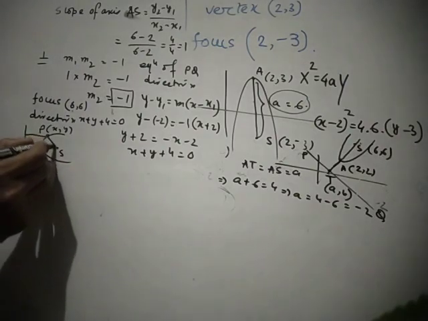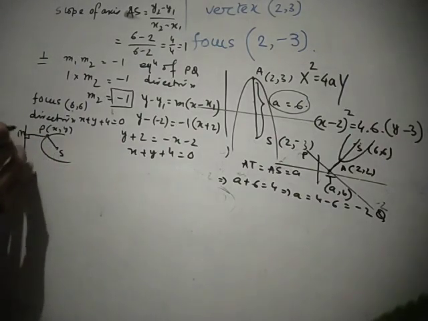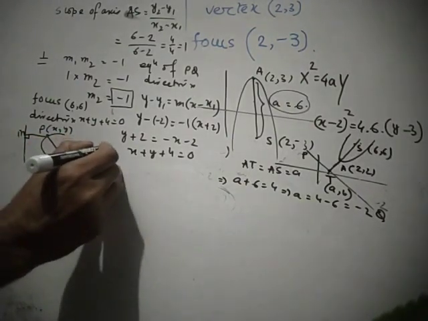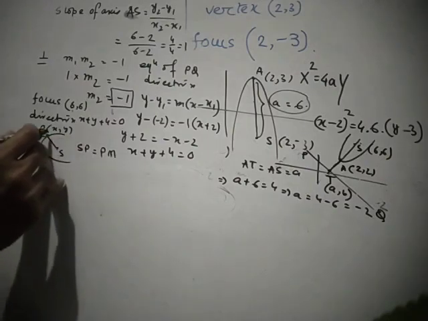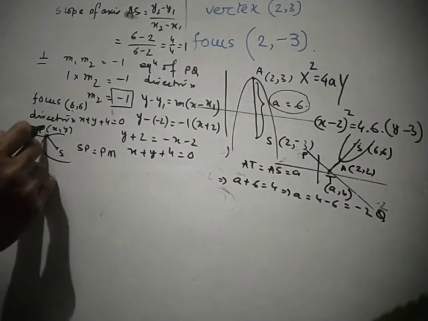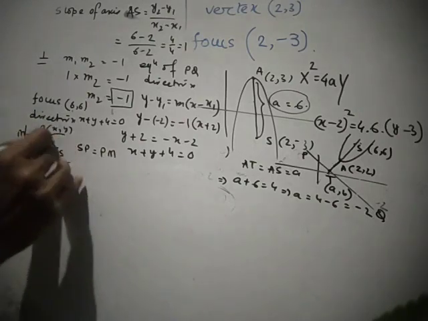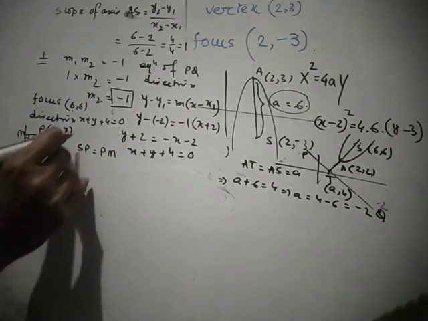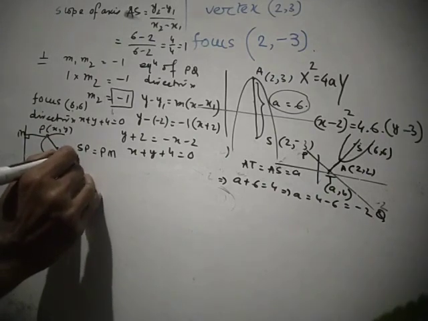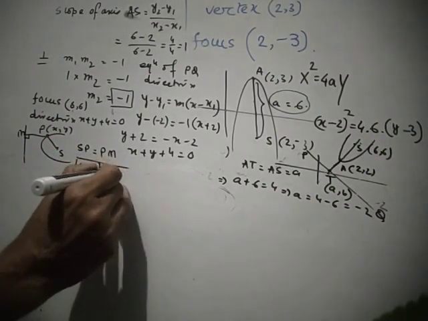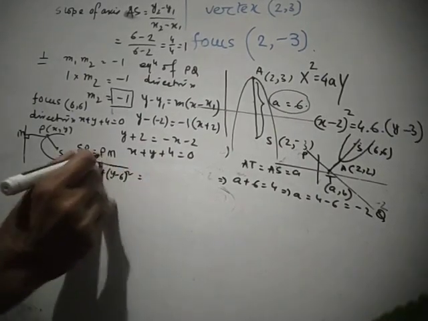For a parabola we know SP equals PM. Now SP means the distance between the focus and any point on the parabola, x comma y. So SP is, as S is given 6 comma 6, root over x minus 6 whole square plus y minus 6 whole square, equals PM.